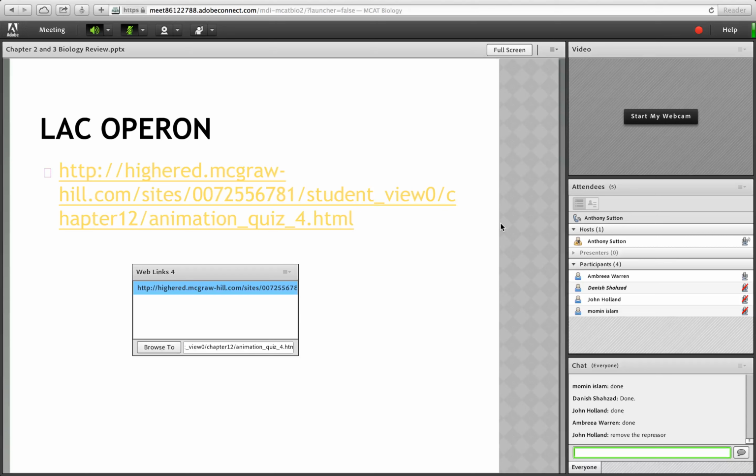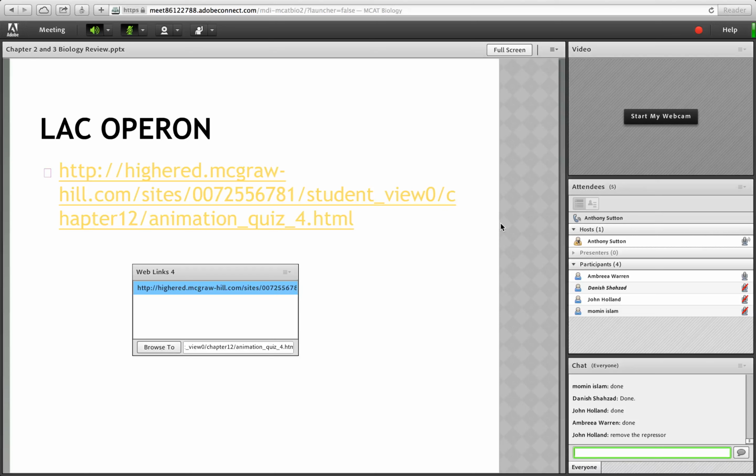Picking up where John left off, if I have glucose, would bacteria grow on glucose? A lot of the bacteria will grow on glucose, but they can also use other things like lactose. You got me so far?